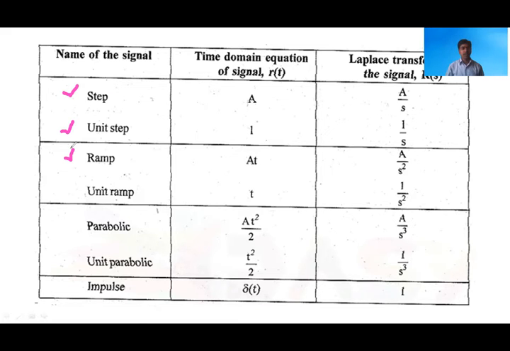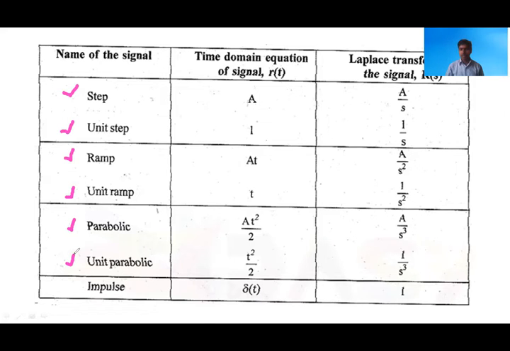When the ramp signal is a unit ramp signal, that means the magnitude is 1, that is A equal to 1. Therefore, the expression is simply t, then the Laplace transform is 1 by s square. When the signal is parabolic, its expression is A t square by 2. So the Laplace transform is A by s cube. When the parabolic signal has unit magnitude, then t square by 2 is the expression.